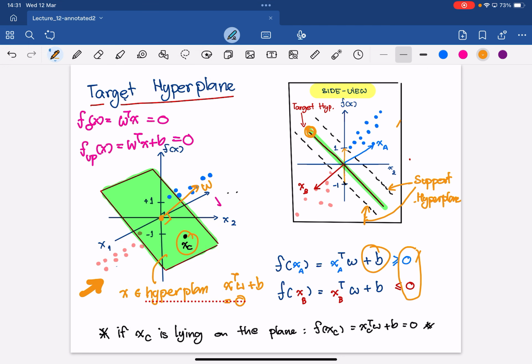So yes, there will be a lot of jargon in this SVM because we need the hyperplane, the mapping function, and the hyperplane that we use as an addition. Anyway, as we can see, the support hyperplanes and target hyperplane will be parallel to one another.